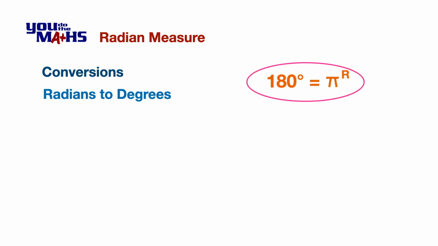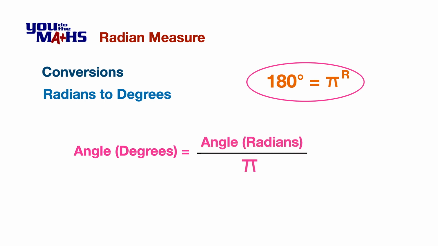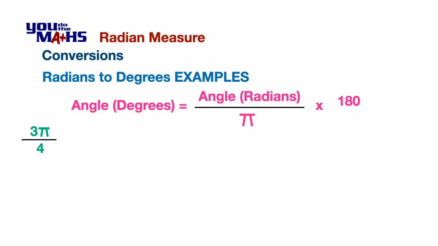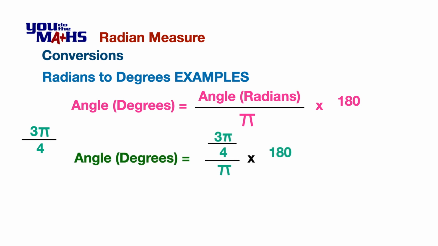When converting from radians to degrees, we follow the same concept, but this time we're looking at what is the angle as a fraction of pi. And when we work out that fraction, we then multiply it by 180. So let's have a look at the example here where we're dealing with a radian measure of 3 pi on 4. We express that as a fraction of pi multiplied by 180.